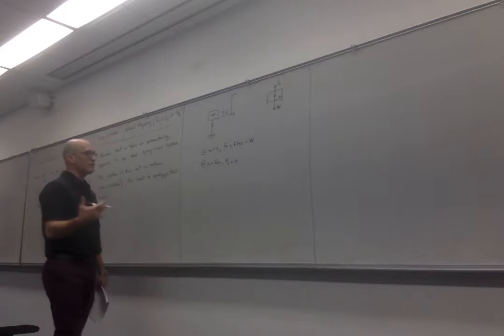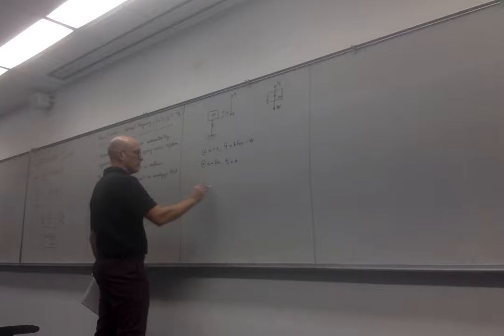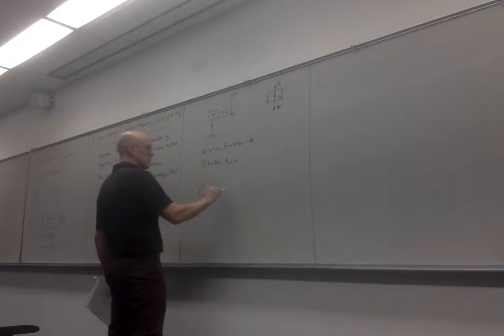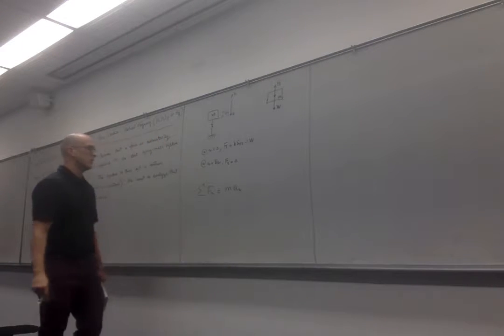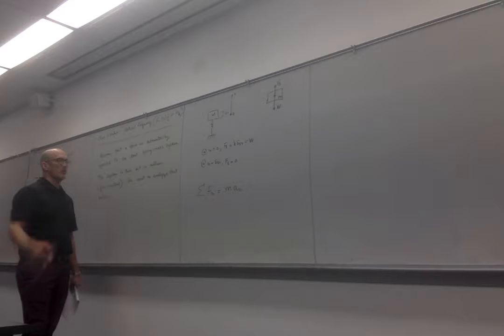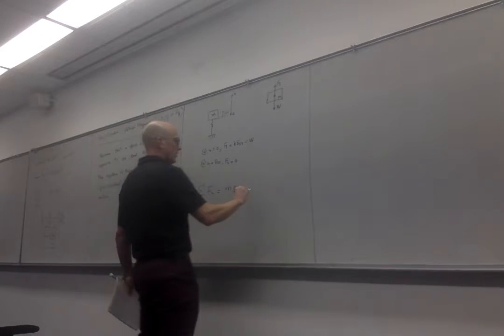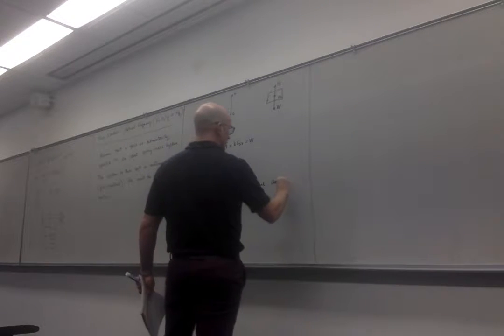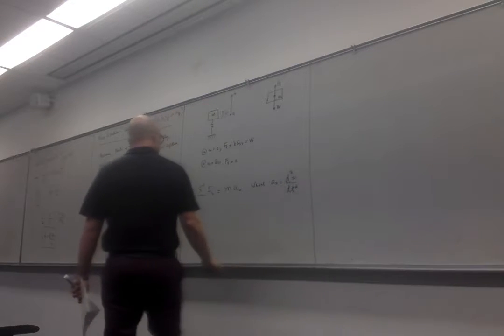So to analyze our system, we're going to look at the sum of the forces in the x direction, and we know that this is equal to the mass times the acceleration in the x direction, F equals ma. And here, our acceleration is d squared x dt squared.